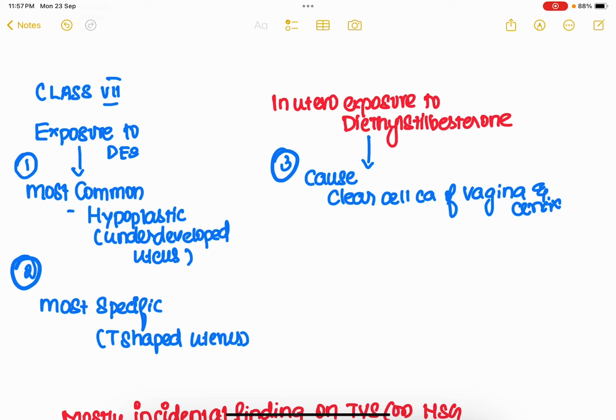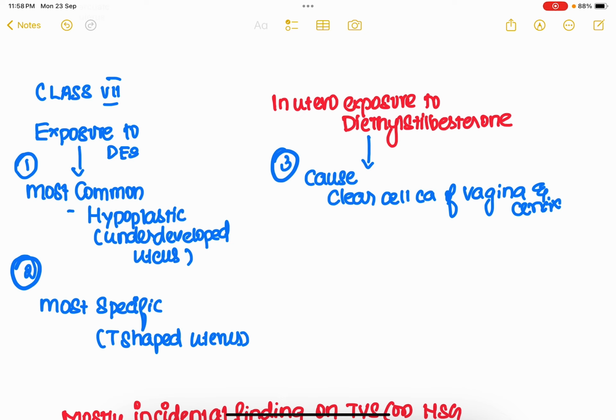If a female fetus is exposed to diethylstilbestrol in the intrauterine period, more specifically in the first trimester, the most common malformation is a hypoplastic uterus. What is a hypoplastic uterus? An underdeveloped uterus. That is the most common malformation in female fetuses exposed to diethylstilbestrol in the intrauterine period. The most specific finding is a T-shaped uterus. The uterus is going to be T-shaped.